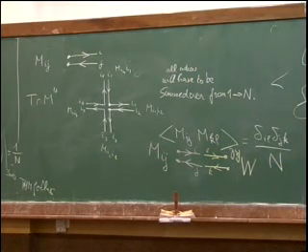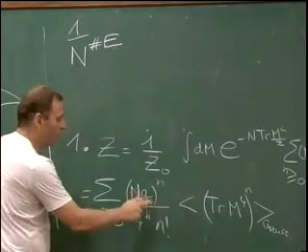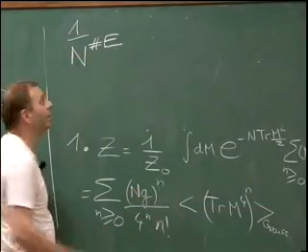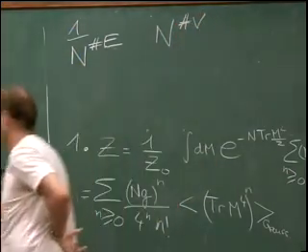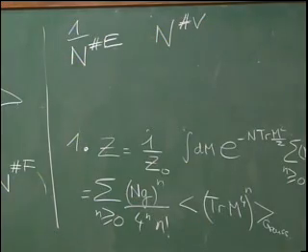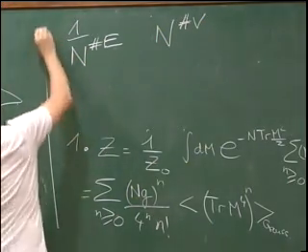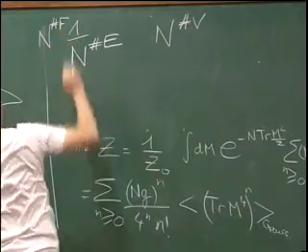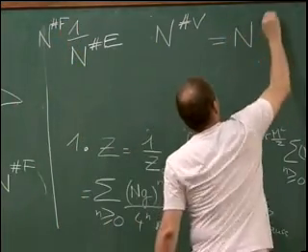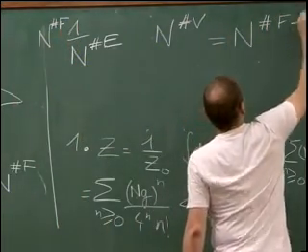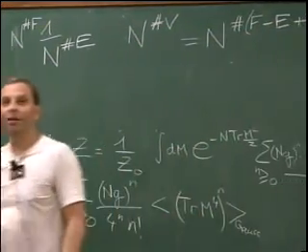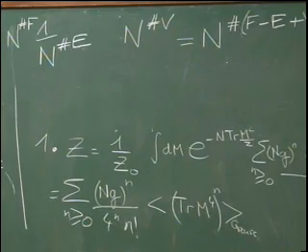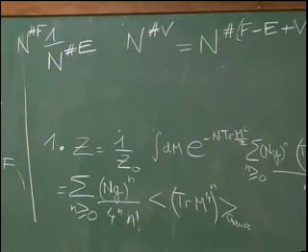Now, that's not all. I also have this n to the small n, where small n was the number of vertices. So I also have n to the number of vertices. So if I collect all my n's, I get n to the power number of faces minus edges plus vertices. And that's excellent news because it's this Euler characteristic I was writing before.